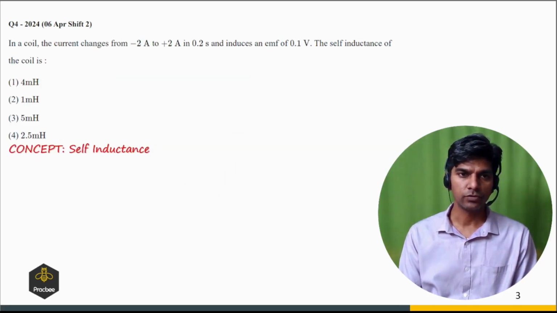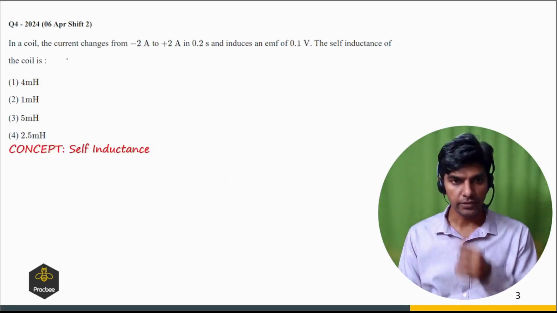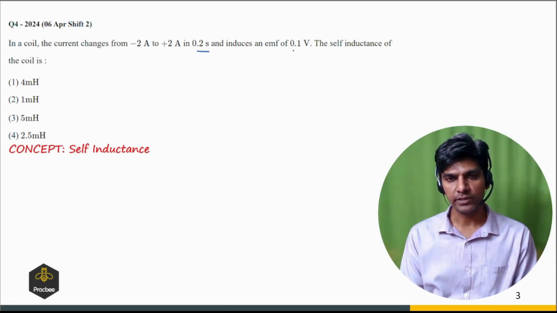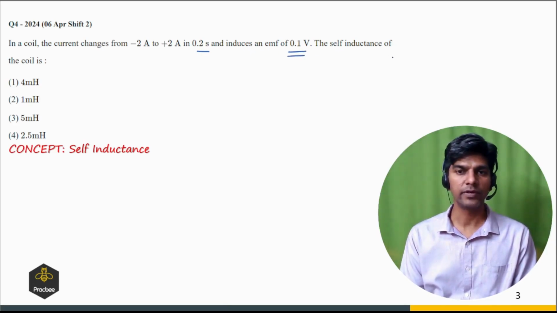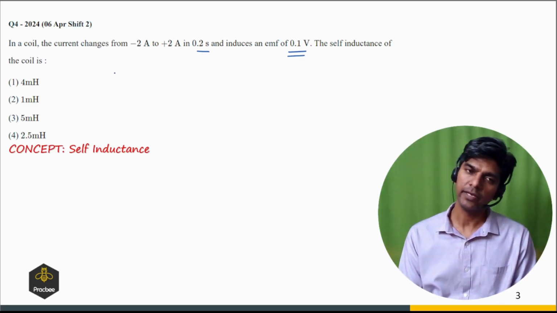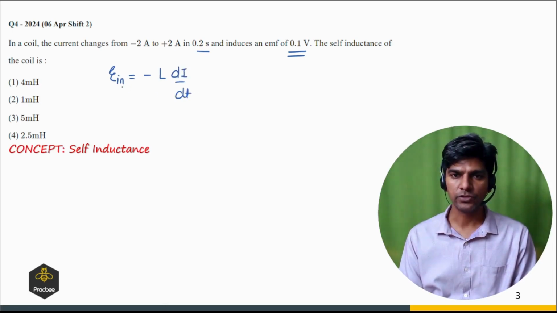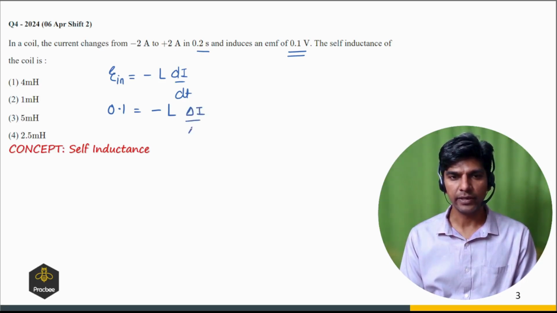Now let us see the next question. In a coil, the current changes from minus 2 to plus 2 in 0.2 seconds and induces an EMF of 0.1 volt. Find the self-inductance of the coil. Again, we can use the same concept. Induced EMF will be minus L di by dt, and in this case the induced EMF is 0.1 volt. di by dt can be written as delta I by delta t.